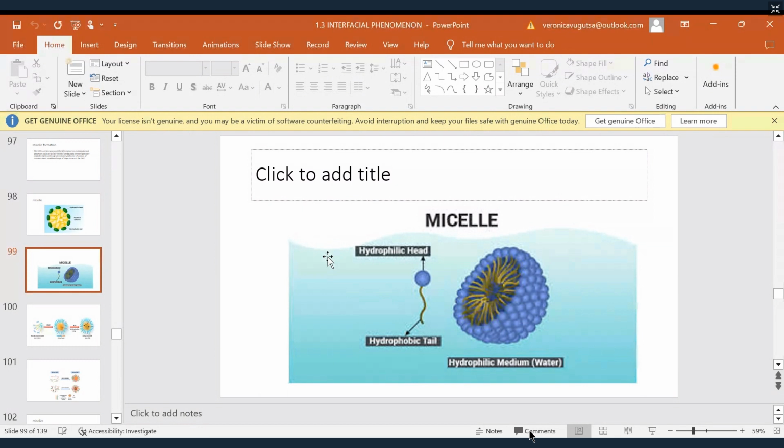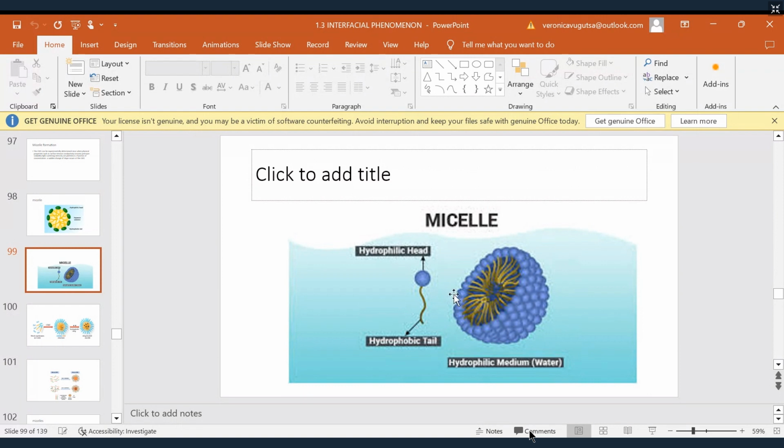They reduce the surface tension at the surface, and then when the surface is full, they self-associate, so that now these molecules come together to give you a ball-like structure.